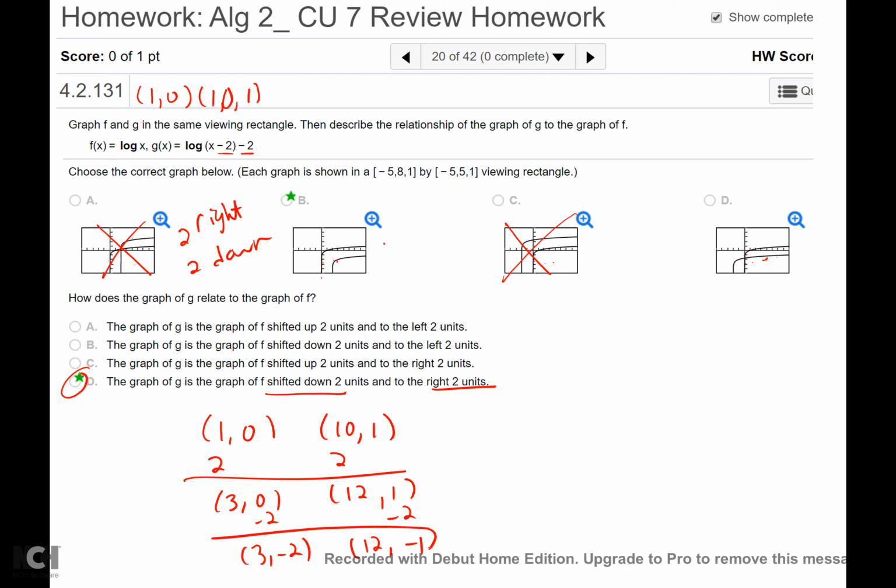So if I look at this one, 1, 2, 3, down 2. Oh, it hits at 2. But do you see how this one went to the left and it's actually supposed to go to the right? So even though that point's on there, I can still see that they shifted this one left. And I need to shift it to the right. So it needs to go this way. So it's got to be B.